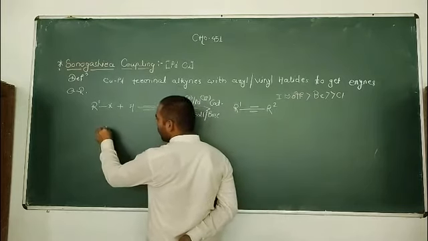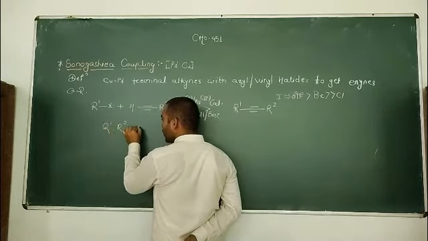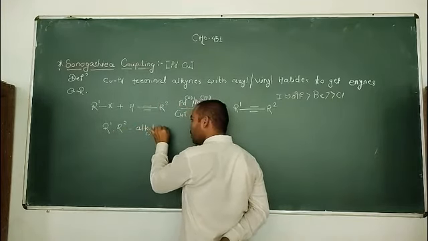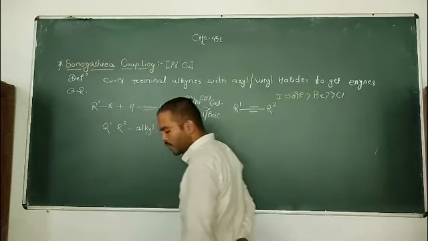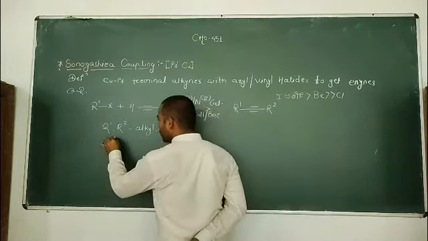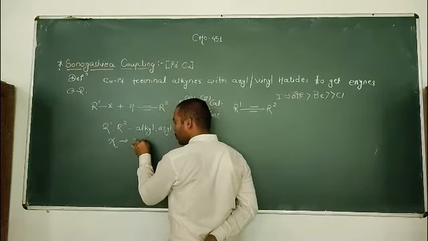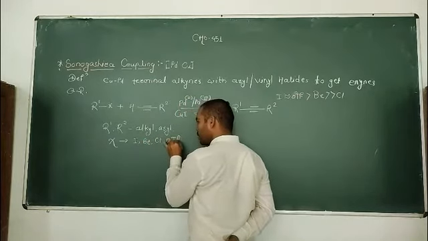Here R1 and R2 are alkyl, aryl, acyl, heteroaryl, like that. The halogen or X group may be iodine, bromine, chlorine or triflate.